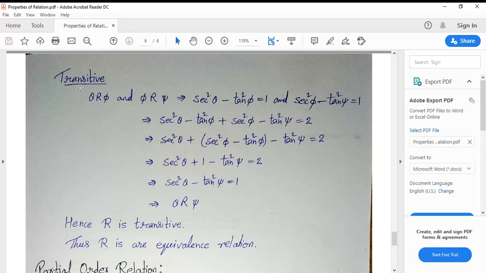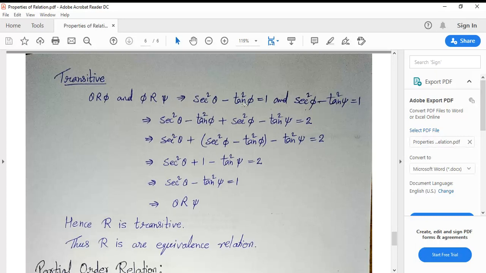Now take our conditions. Theta is related to phi means that secant square theta minus tan square phi equals 1. Now if phi is related to psi, it means that secant square phi minus tan square psi equals 1.